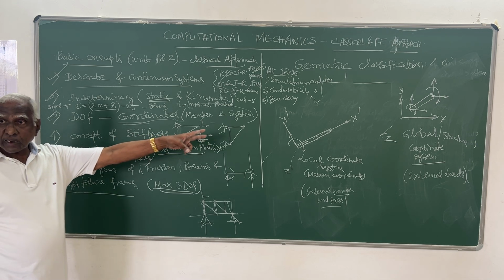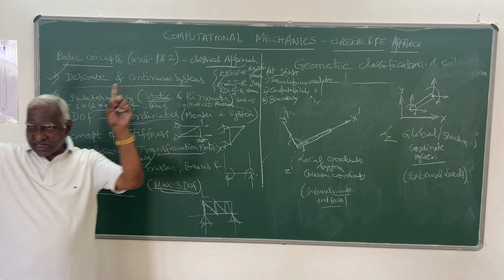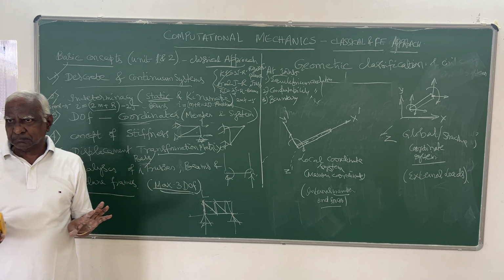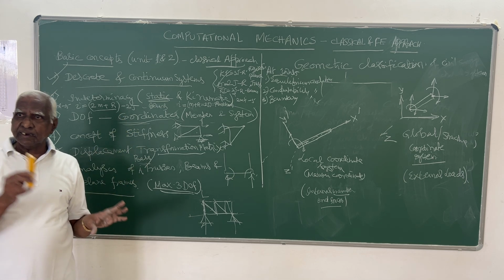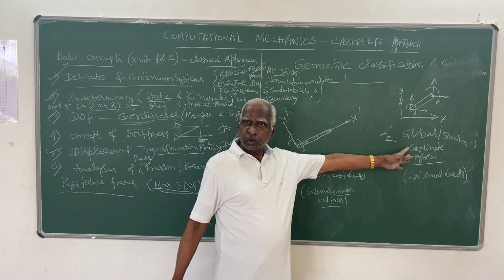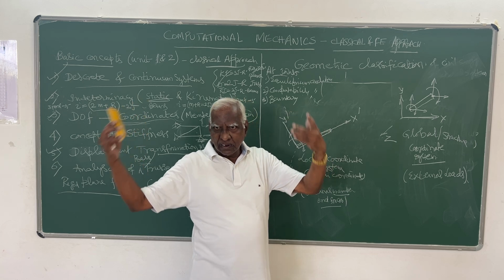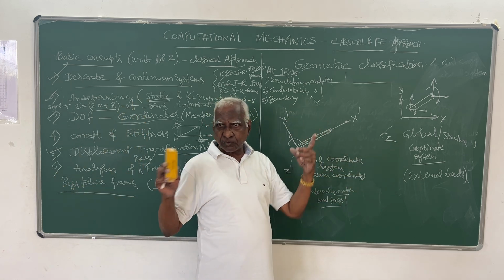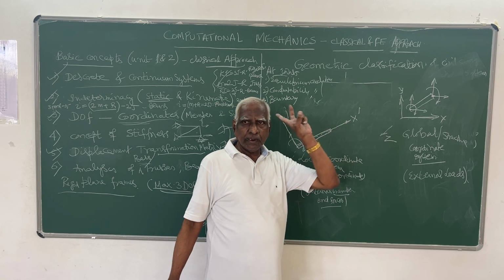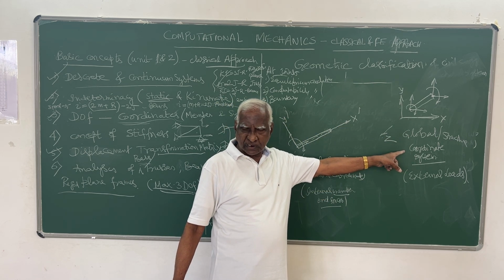So there are two types of general coordinate system wherein we define the system of forces and displacements. You can define them with respect to a global coordinate system, because they can happen in any direction in practice, but for analysis purpose we always resolve them along one coordinate system, that is the global system.